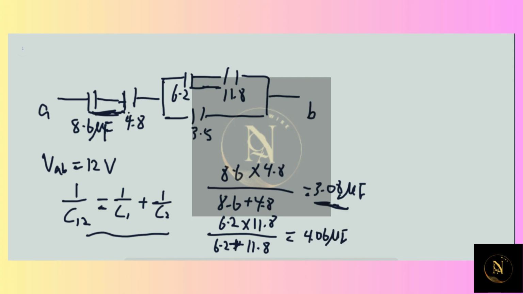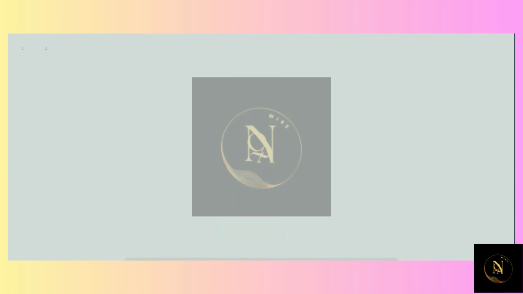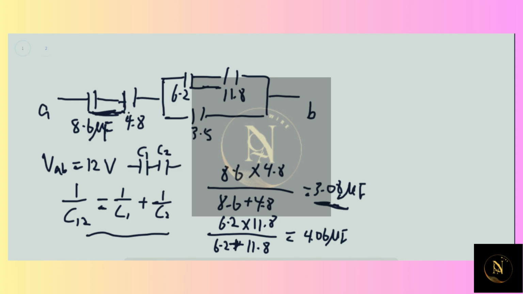And because we also have the parallel connection, for the parallel connection, the total capacitance C12 simply equals C1 plus C2. So coming back to this circuit, you see that the equivalent capacitance for these two is 4.06, plus 3.5.